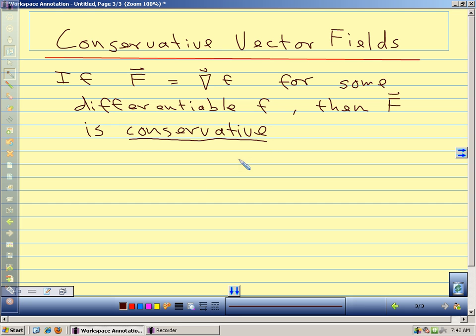And we'll get to why we call it a conservative field in a little bit. Right now we're going to define it this way. So if our vector valued function is the gradient of a scalar function, it's a conservative vector field. And we call f, small f, our scalar function, the potential function.